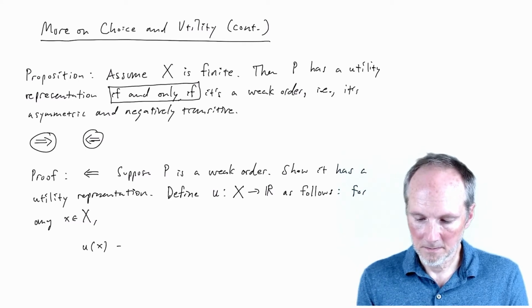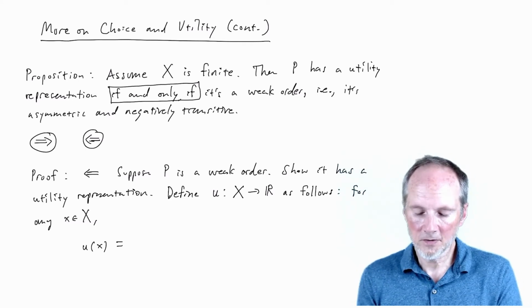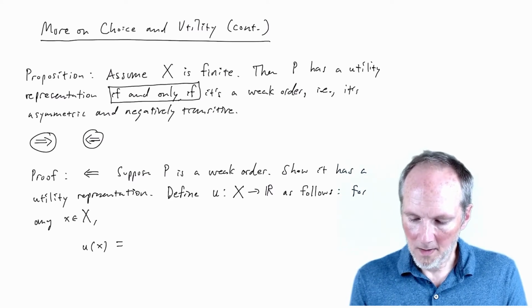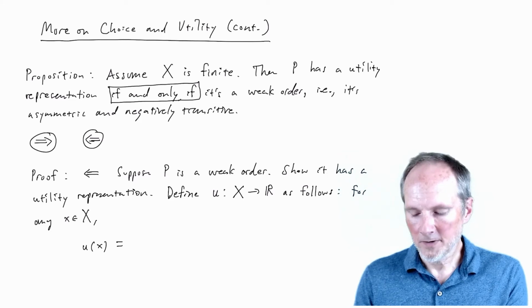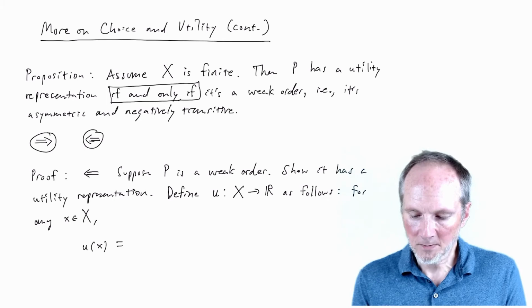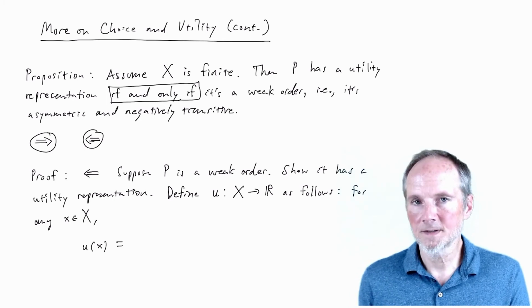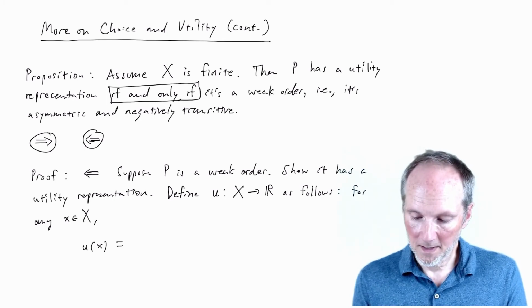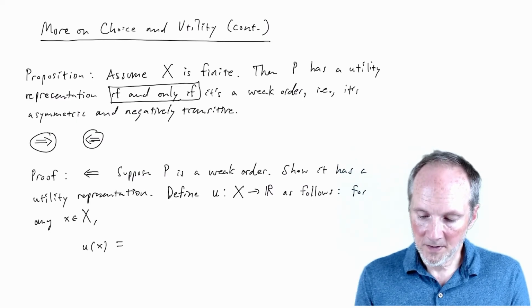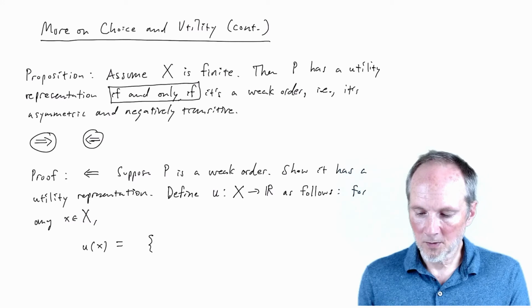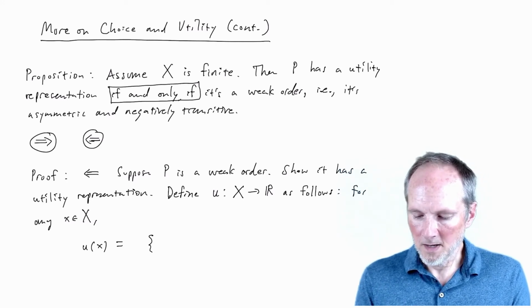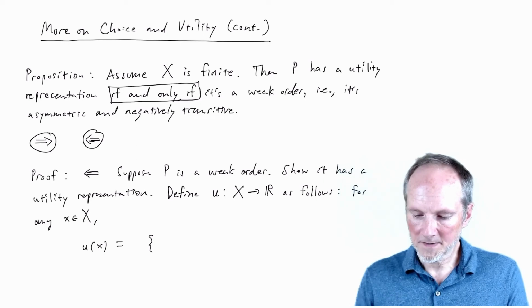All right, so what I'm going to do is use some set theory here. Basically, I want to look at the set of alternatives that are worse than x. How am I going to describe that formally? Well, I'm going to use this curly brace notation for a set, and I'm looking for the alternatives that are worse than x.